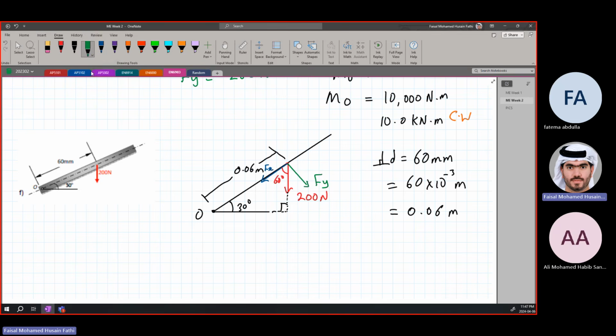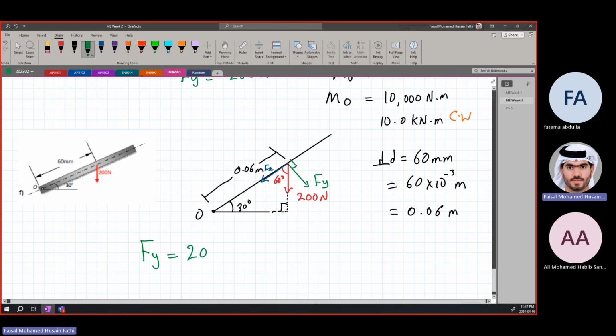Obviously, Fx has no effect on the moment because it's parallel with the direction of the moment. Fy is exactly perpendicular to it, causing a right angle. So Fy is going to be equal to 200. How do we know if it's sine or cosine? We look at the angle.